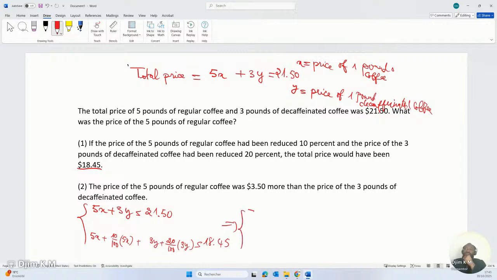Okay, so we'll have 5x plus 3y equal to 21.50, like this.